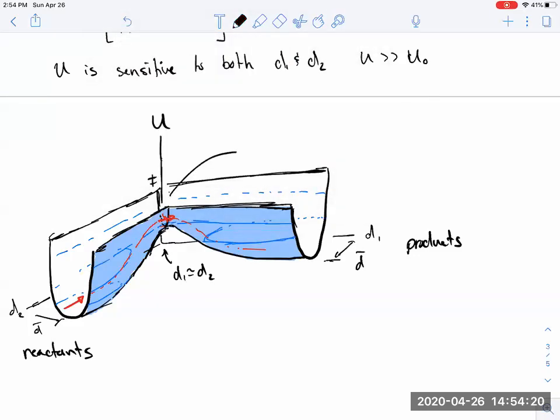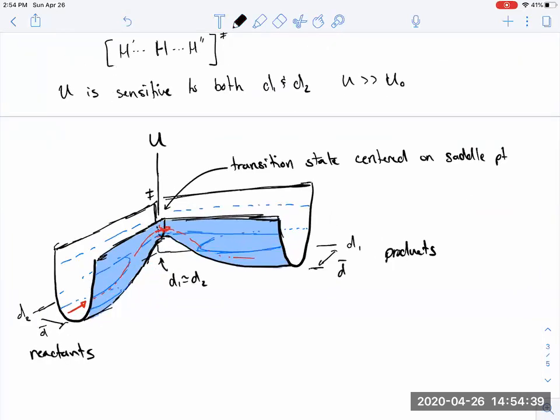That's what a saddle point is. And that's where the transition state is located. Okay, so that's in 3 dimensions what that surface might look like.